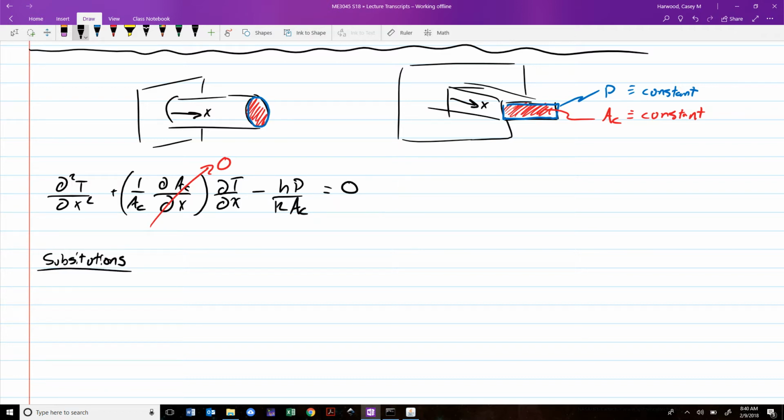We're also going to make a couple of advantageous substitutions. Rather than solving directly for T, we're going to introduce this dummy variable theta, which is defined as the difference between the local temperature and the ambient surrounding air temperature.